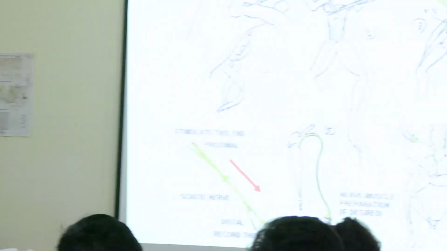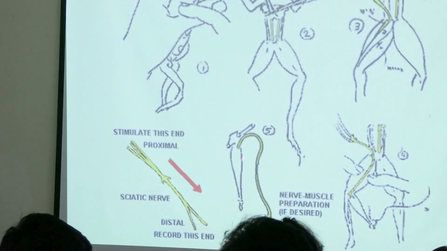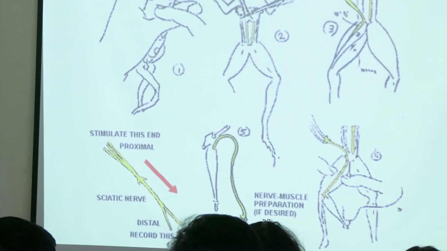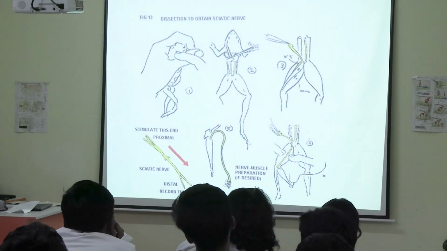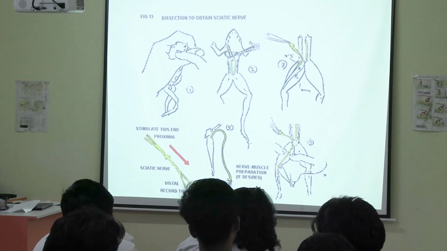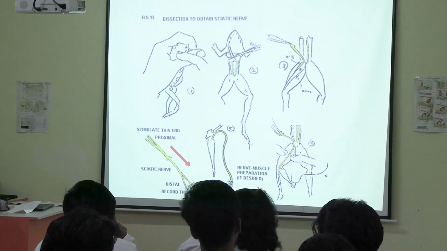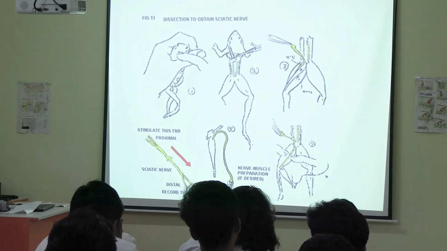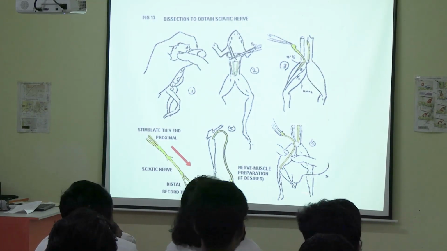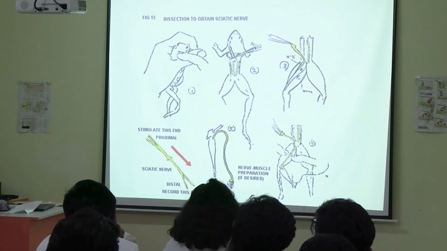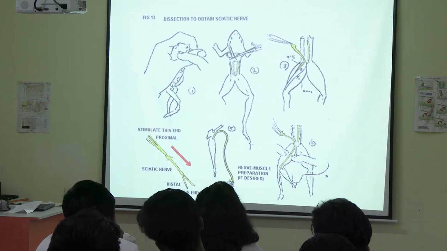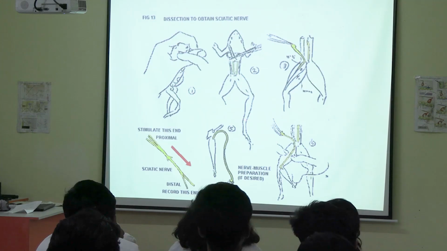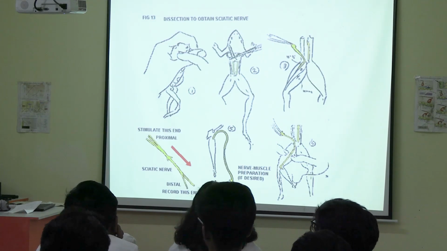This is the gastrocnemius muscle. This is the knee portion. This is the part of the femur, and this muscle is attached to this bone through a tendon. Another part of the tendon is attached to this ankle. This is the tendon Achilles.